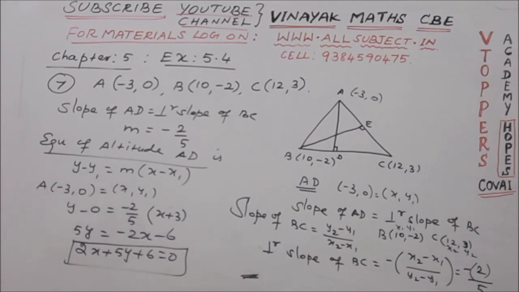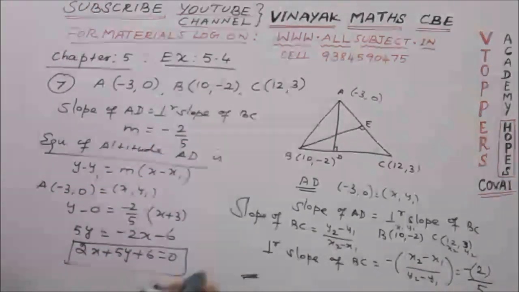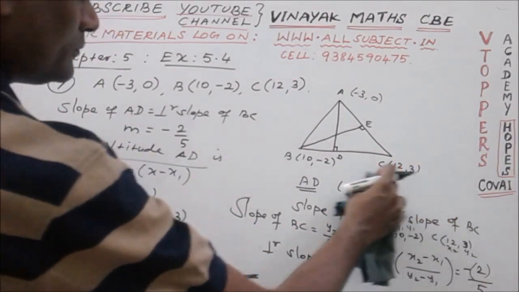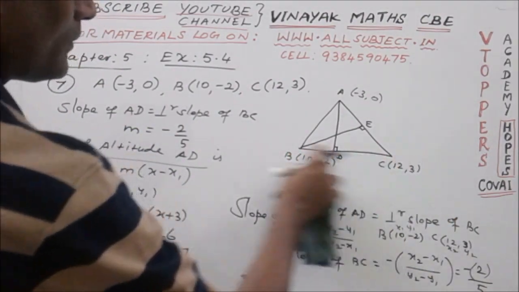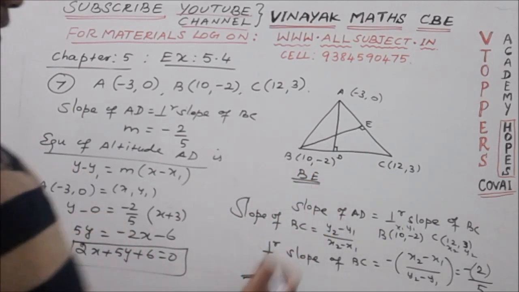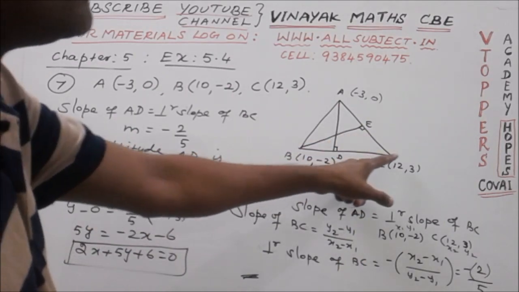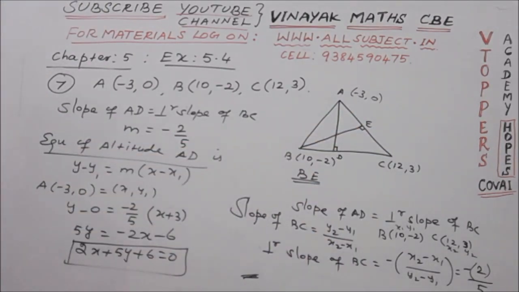Now we should find the equation of the other altitude, that is BE. To find BE, the slope of BE is equal to the perpendicular slope of AC.